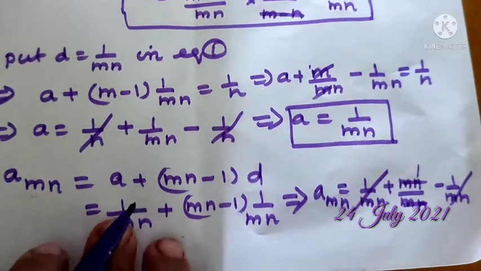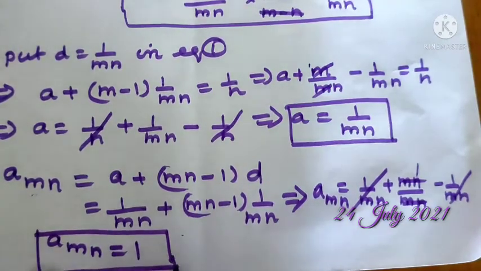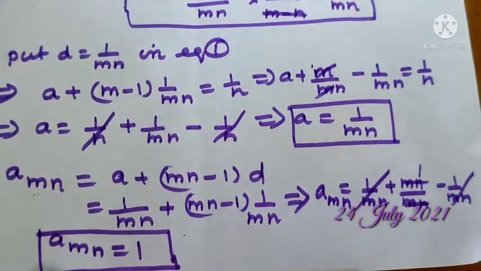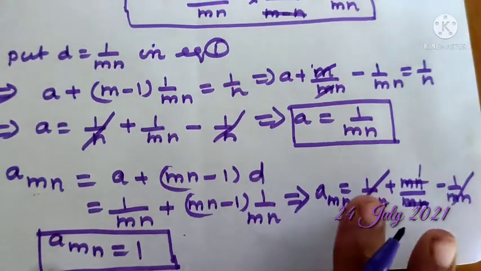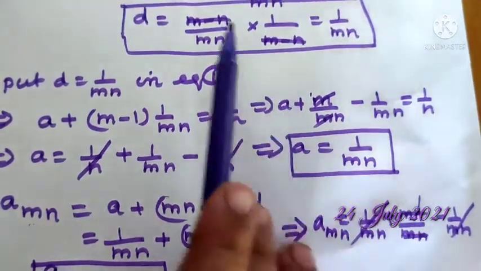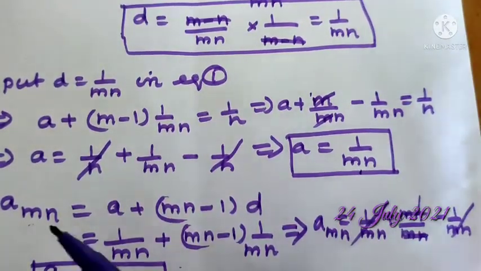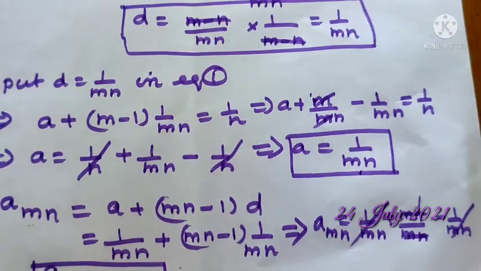So what is the answer? amn equal to 1. See, variables are coming, so you feel it is difficult. Normal procedure only: we should find the values of d as well as a. After that, whichever term is required, we can find.